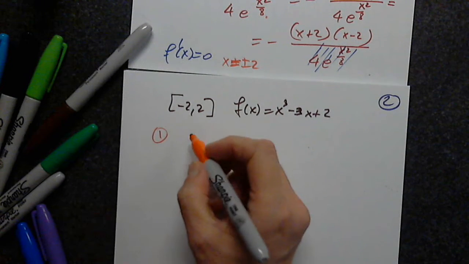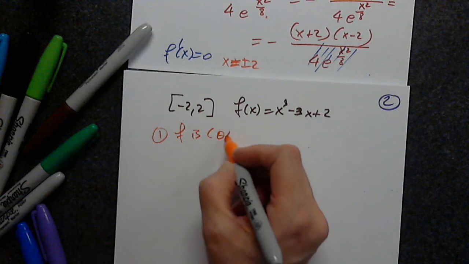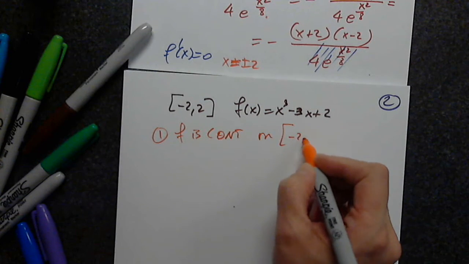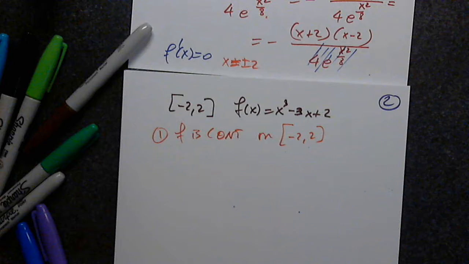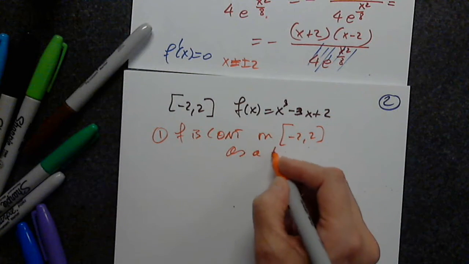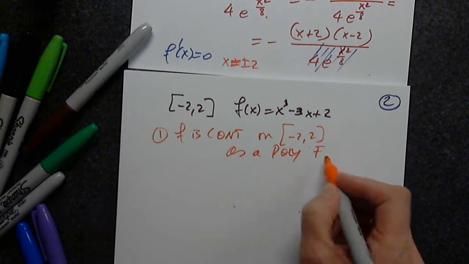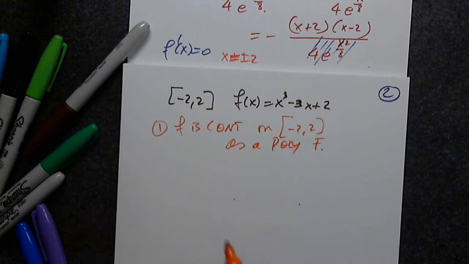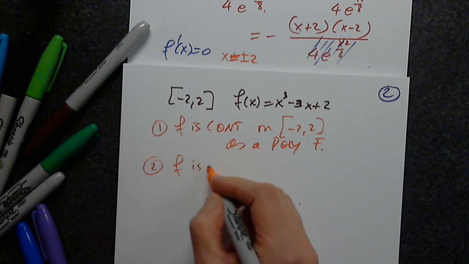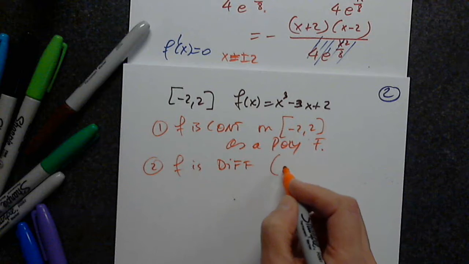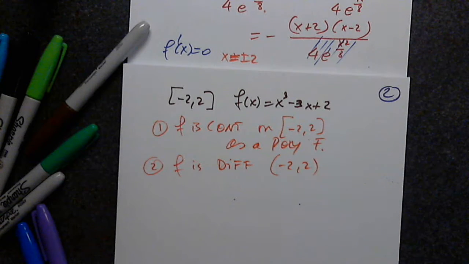So first I have to write that f is continuous on negative 2, 2, and I have to say why: as a polynomial function. Number 2, I have to write that f is differentiable at least on the open interval. I don't care for more.